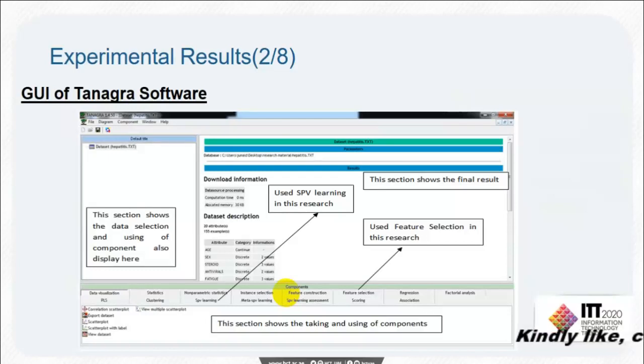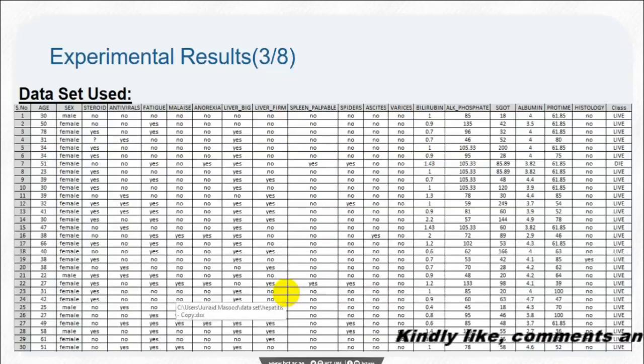Graphic user interface of the Tanagra software: you may see the graphic user interface here. The left side shows the data selection, and the components used are also displayed here. The section below shows how to use that component, and the middle section shows the information regarding the data.